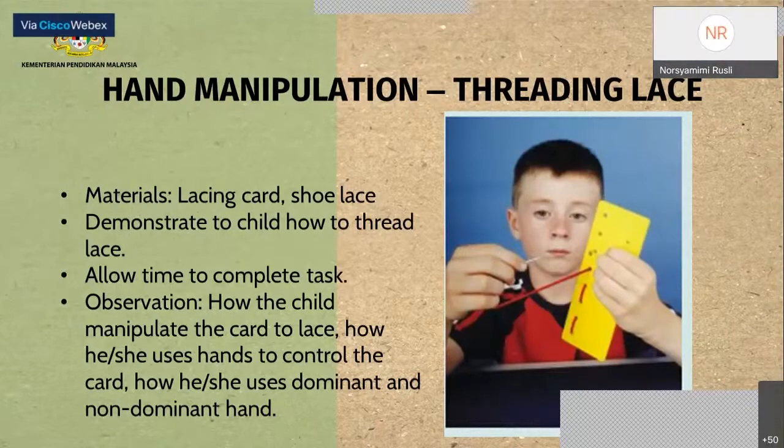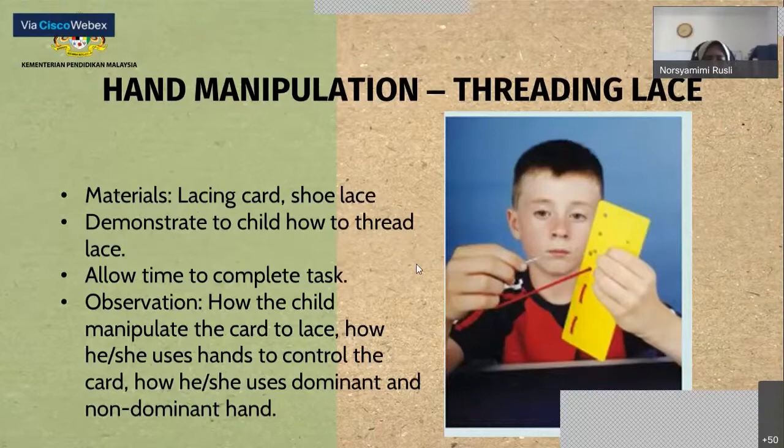Is he able to put the shoelace in all of the holes in the lacing card? Can he remember as well how to do it? Okay, so we move on.